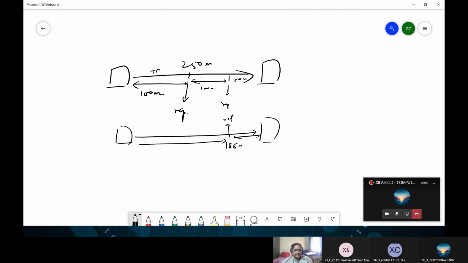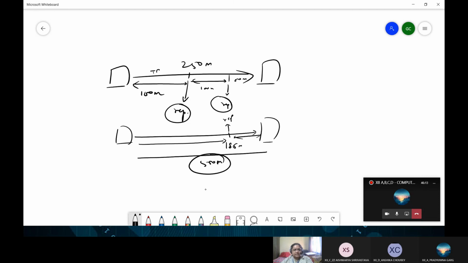So the number of repeaters is saved over here. And if you are using a thicknet coax, you don't even need a repeater in between, because maximum segment length there is 500 meters.